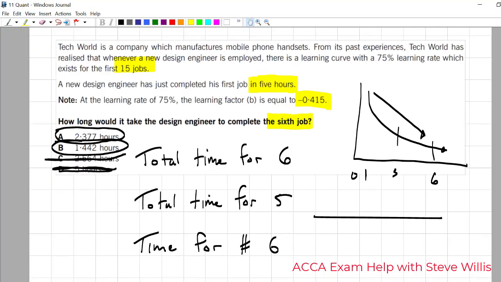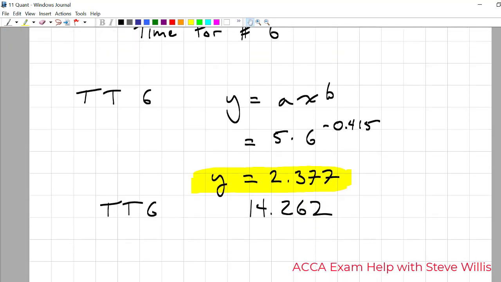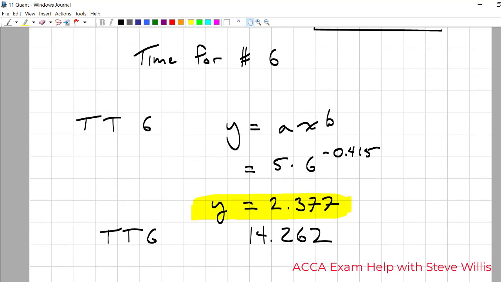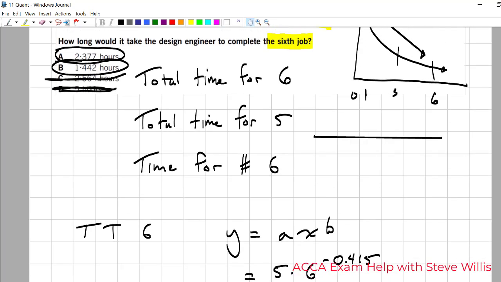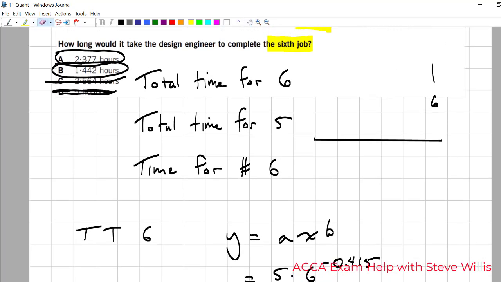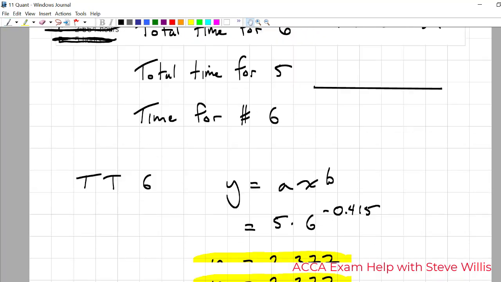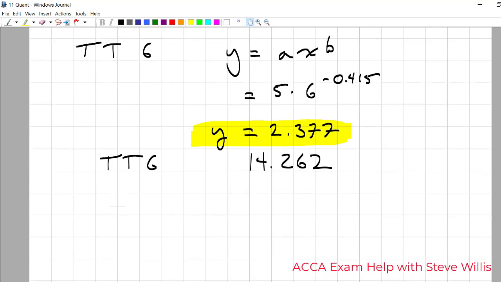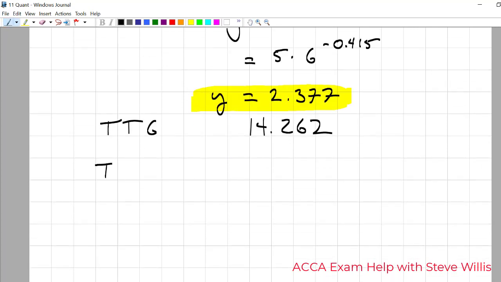We can finish it. So we come back here. That's the total time to do 6, 14.262. Now we do the total time for 5 using the same formula. And this time it's going to be 5 times 5 to the power of negative 0.415.